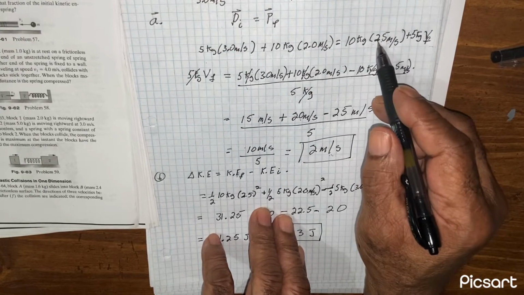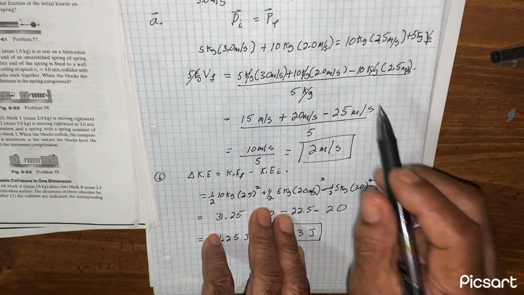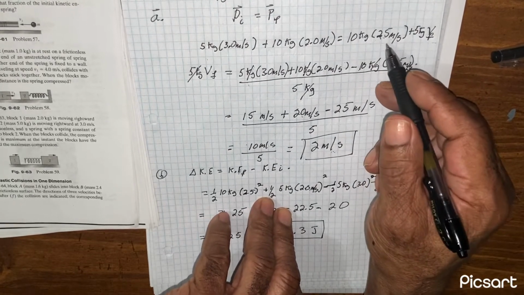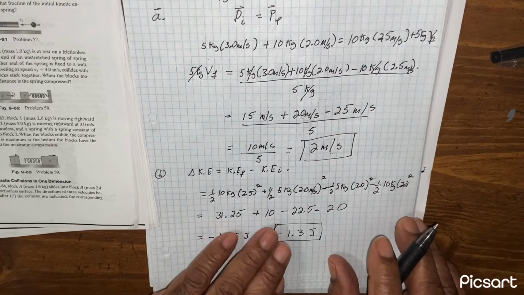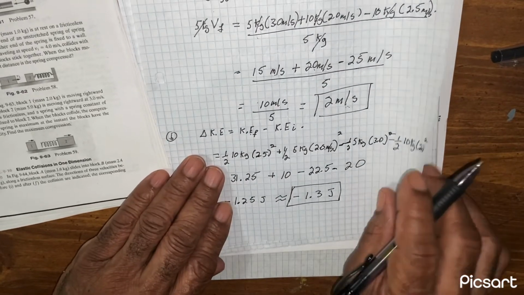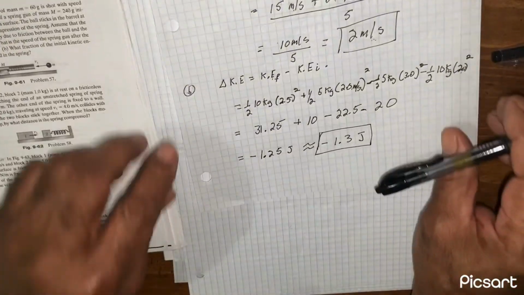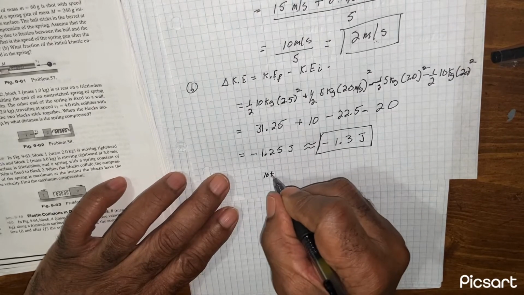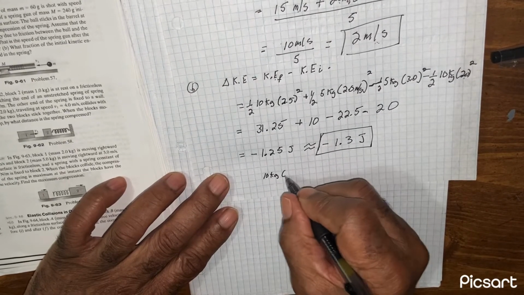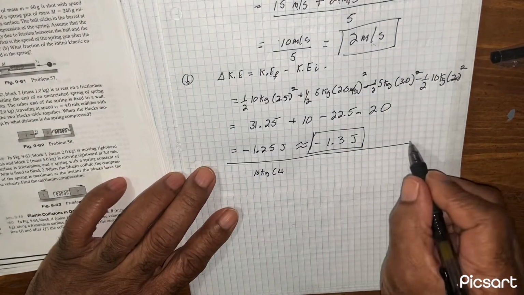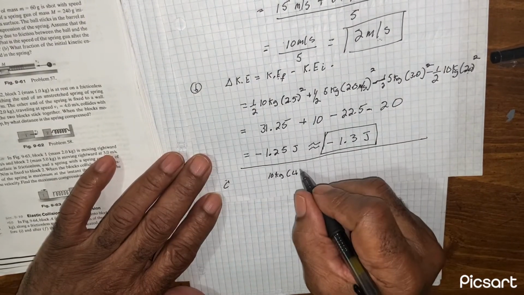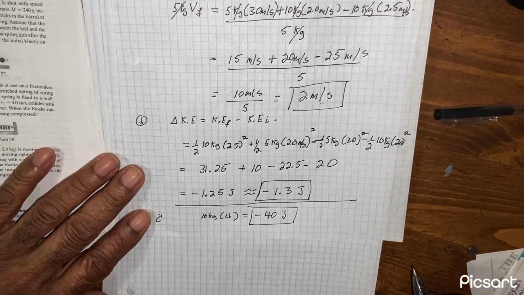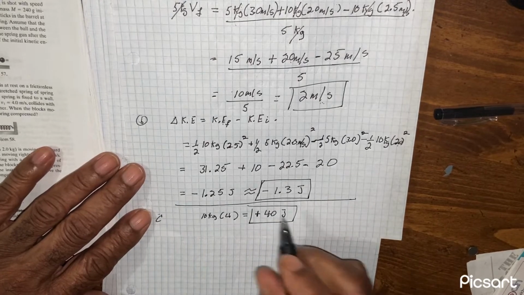So the change in kinetic energy would be 10 kg times 4, which equals plus 40 joules.